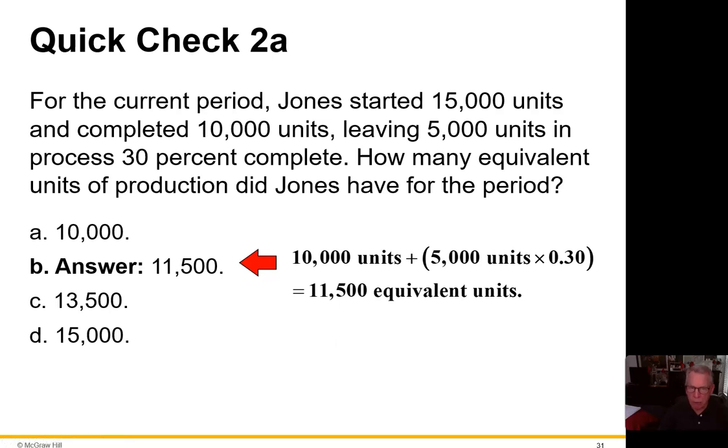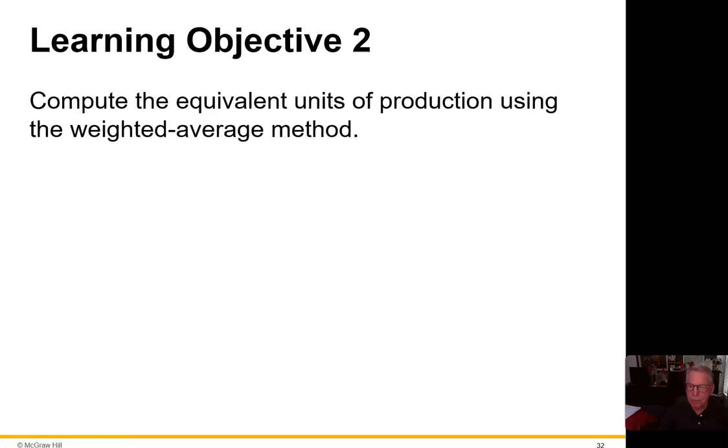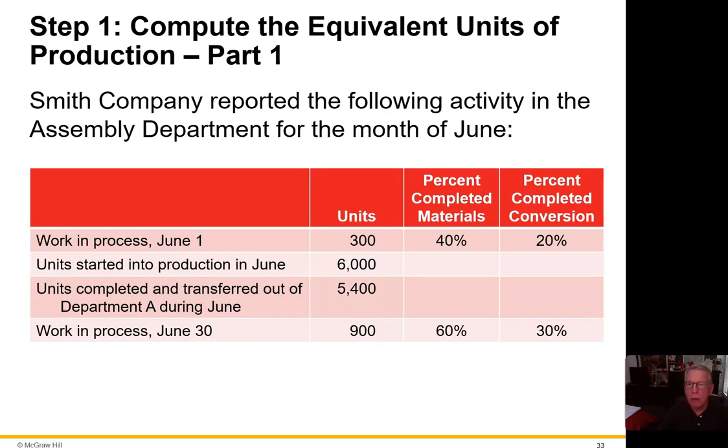Now we're going to compute the equivalent units of production using the weighted average method. Smith Company reports the following activity in the assembly department for the month of June. Here's our work in process at the beginning of the month. Here are the units we started into production in June. Here are the units that we completed and transferred out of Department Alpha during June.